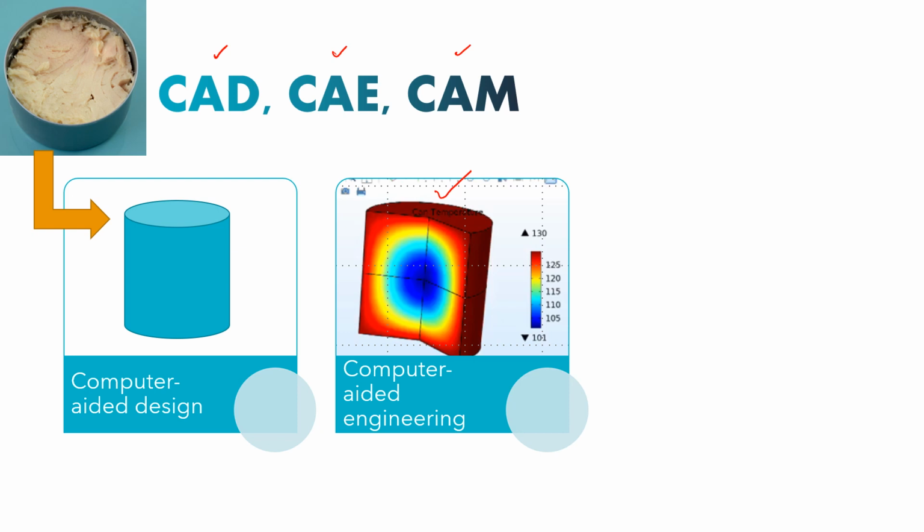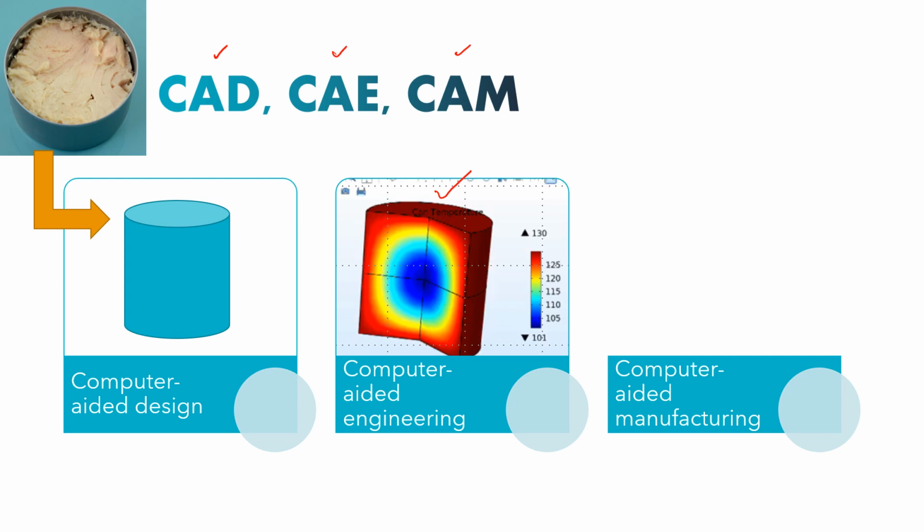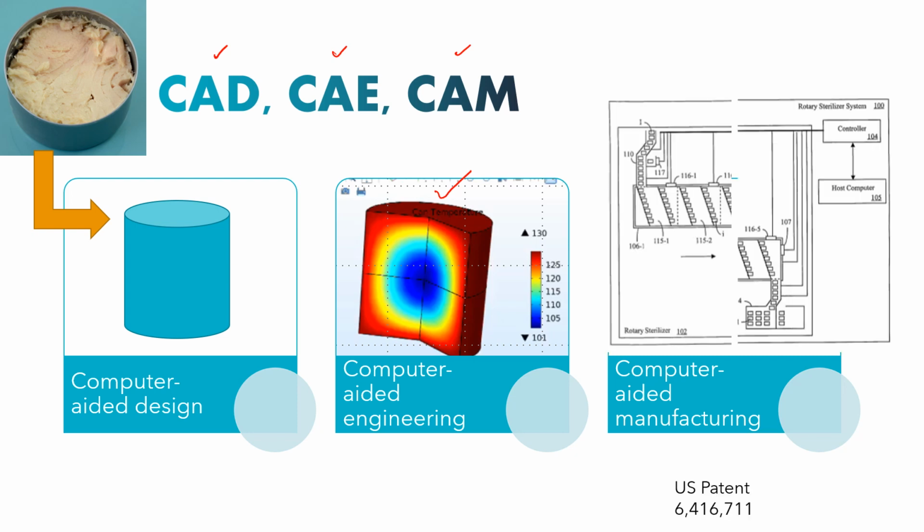Then the next level is computer-aided manufacturing. And here it can be much broader, a lot more things going on. It can include computer-aided engineering, but it is normally in relation to automation or operation of manufacturing processes.